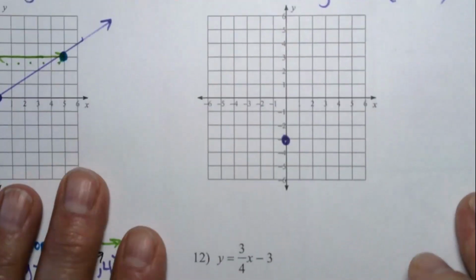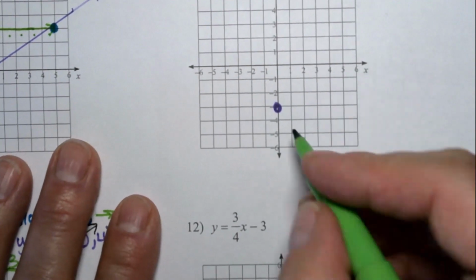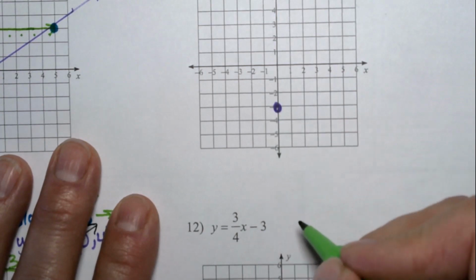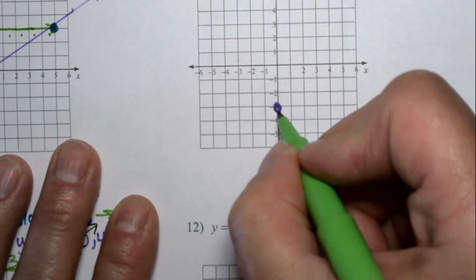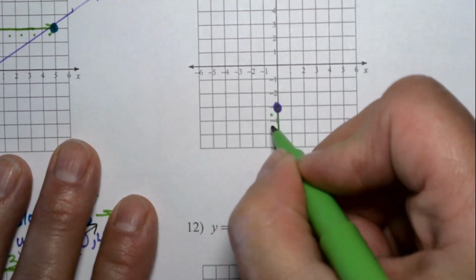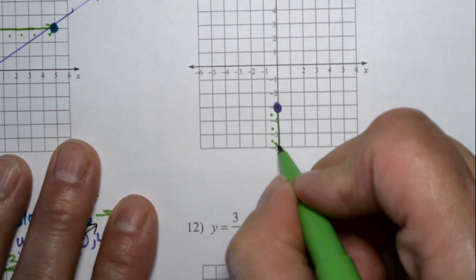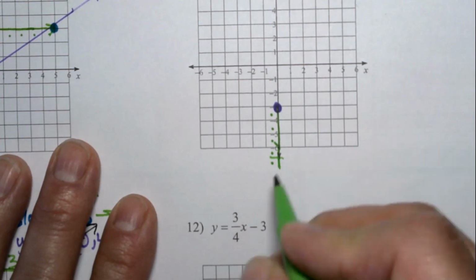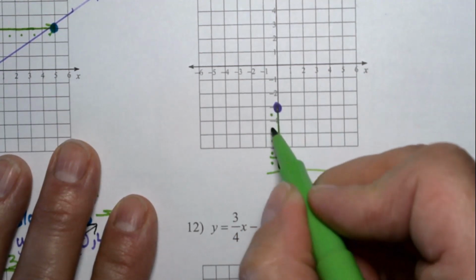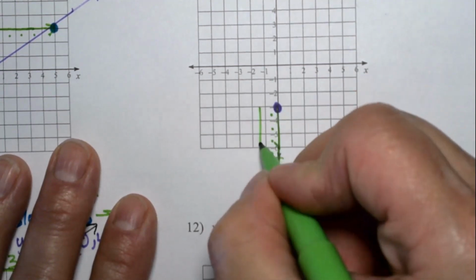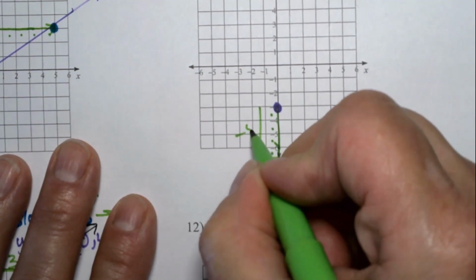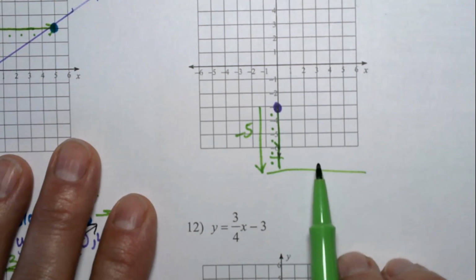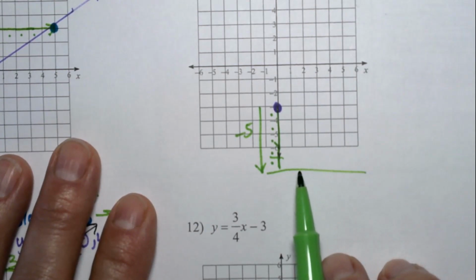And then from here, according to this slope, I'm supposed to go down 5 and then over 3. Okay, well, I'm going to run out of graph. So you can keep going and write in your own boxes. If I go this far, 1, 2, 3, I've got to go down 1 more, and that's 5 right there. 1, 2, 3, 4, 5. That is negative 5.